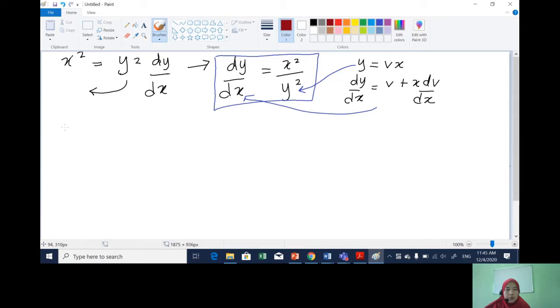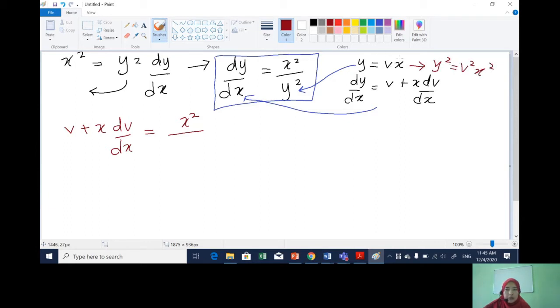So the transformation: the left hand side is v plus x dv over dx equal to x squared over, if we have y equal to vx, then y squared is equal to v squared x squared, right?